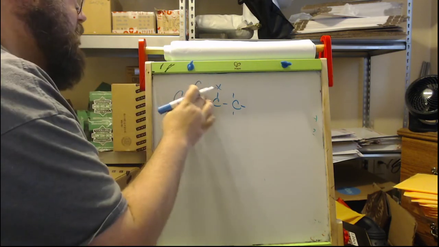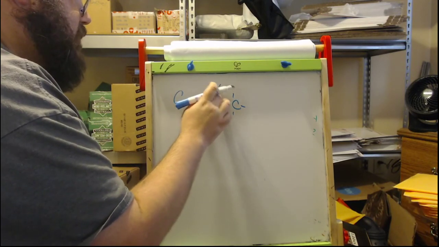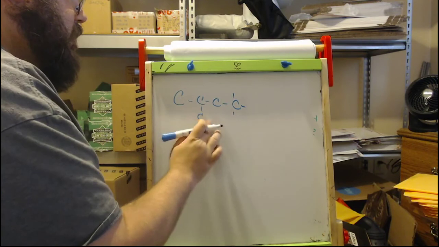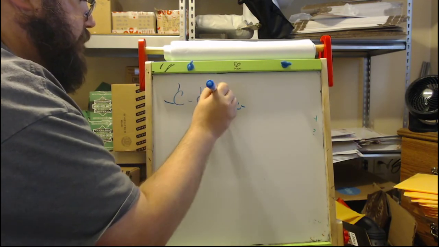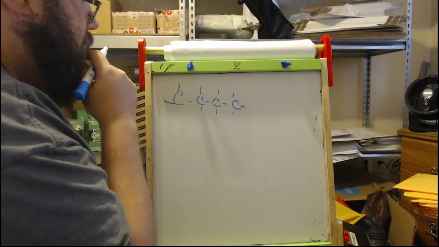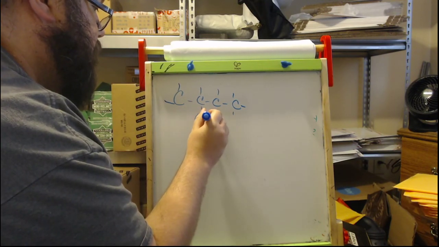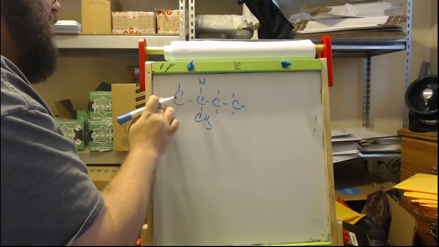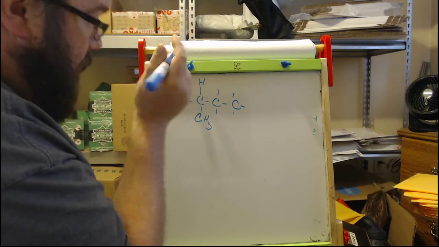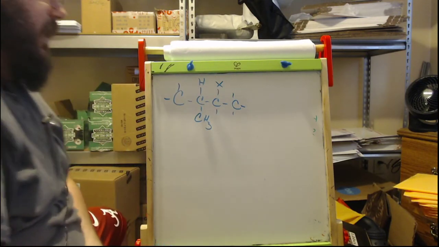No, you know what? I'll do it both ways, but I'll do it this way first, because this way will make more sense at first. Let's say this is my halogen. So I have a secondary alkyl halide.